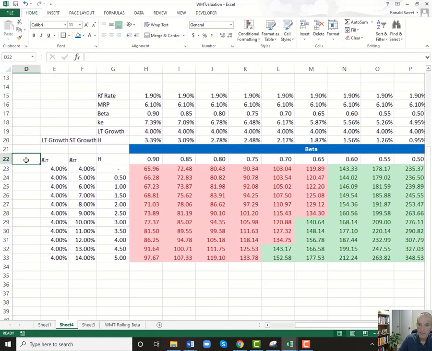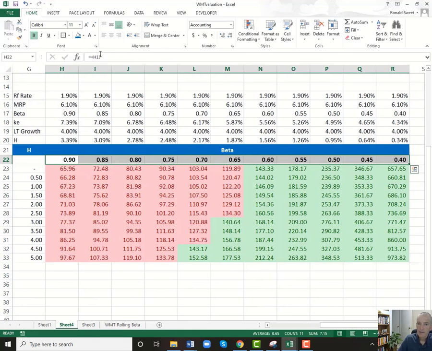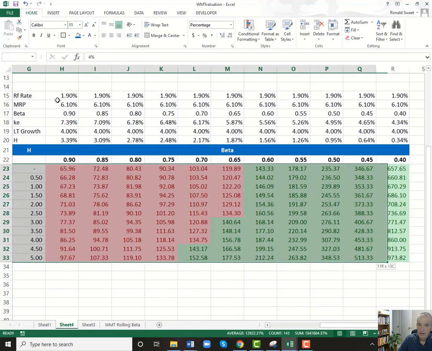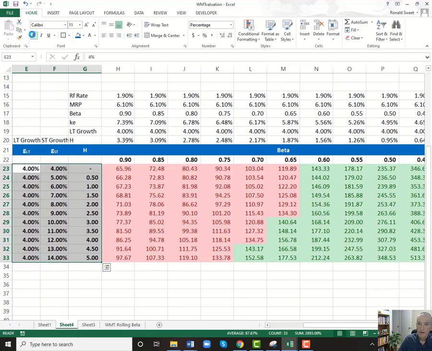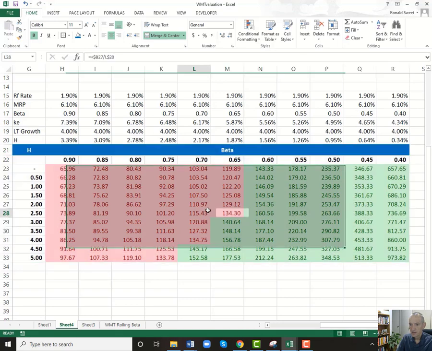And here I've got my long-term growth, short-term growth, and H. So here's my, maybe we can move this up. So here's all my assumptions, just clean it up, however it makes sense to clean it up. And now you've got the H model with valuations. It looks a little bizarre, but I think it works.